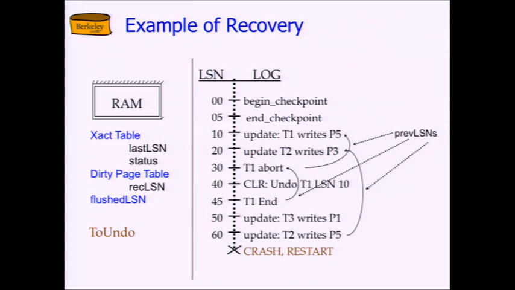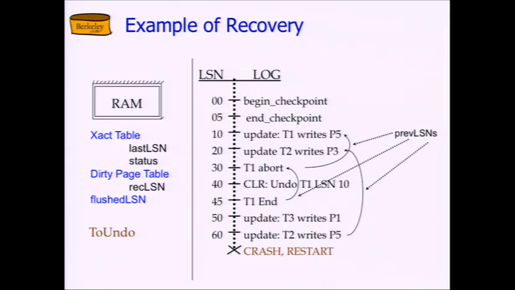Okay, so this log record 40 is transaction 1. It's undoing the behavior of the prev LSN, which is 10. So it's undoing a write on P5. It's essentially modifying P5. All right. So any change to the transaction table for log sequence number 40? Last LSN changes to 40 for transaction 1.